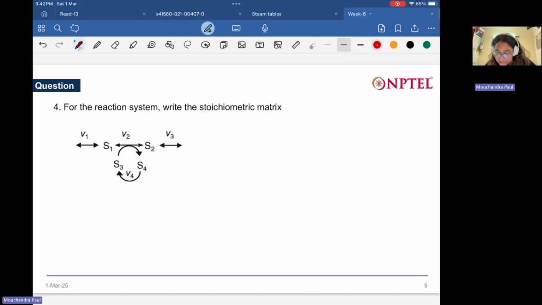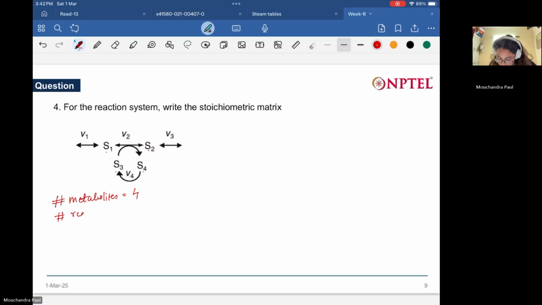There's one more example here. So this is again a reaction scheme. You have to write down the stoichiometric matrix. So same procedure. You have to write down the number of metabolites. So there are 4, S1, S2, S3, and S4. And how many reactions?